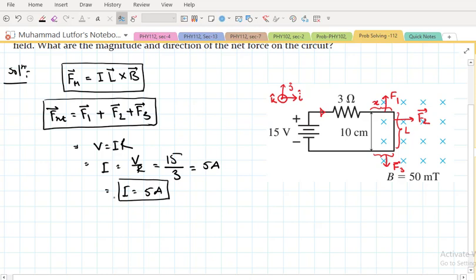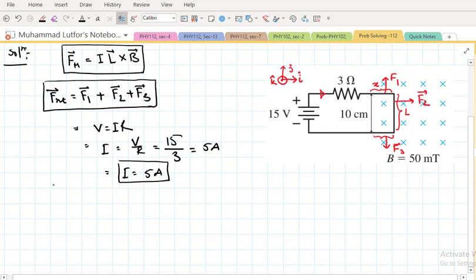Now I'm going to find F1 first. F1 would be, the current is the same because it's in series, I, times x i hat, right? This is the length which is towards the positive x direction according to my reference axis, cross the magnetic field over there, which is into the screen.